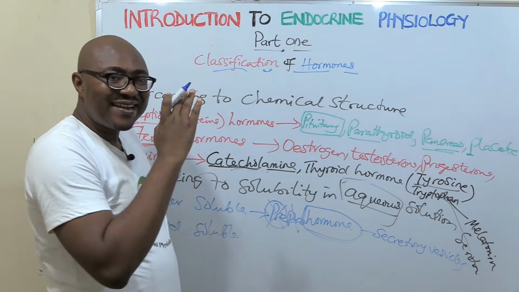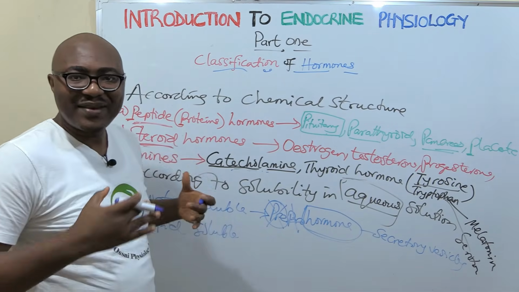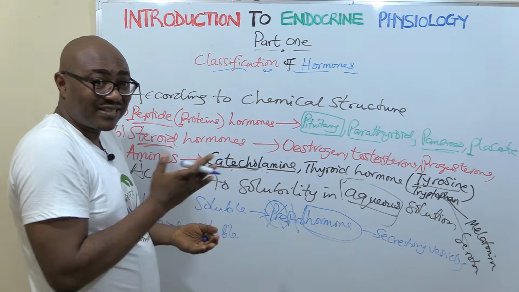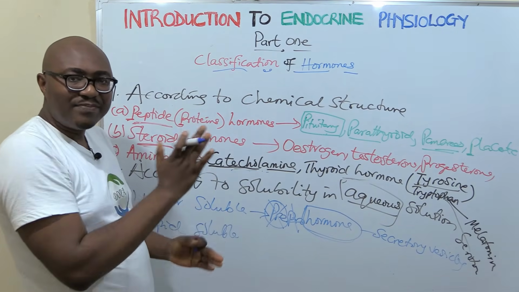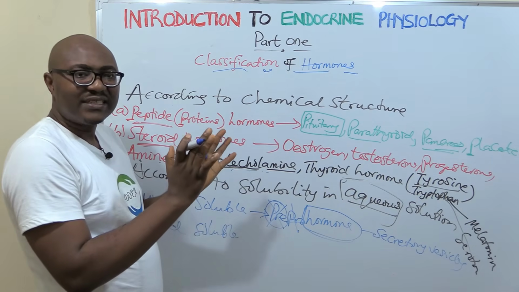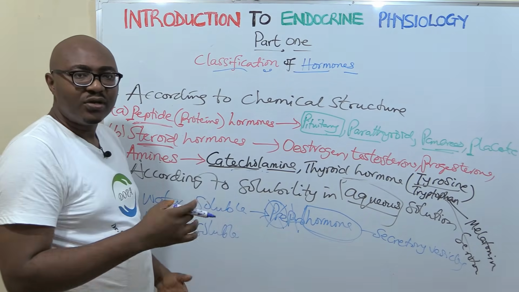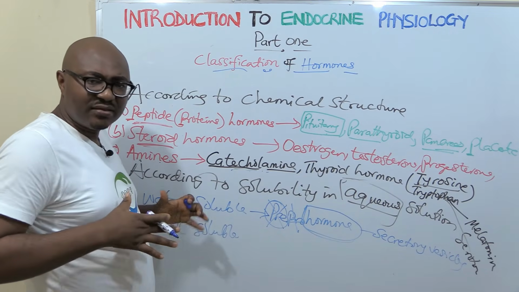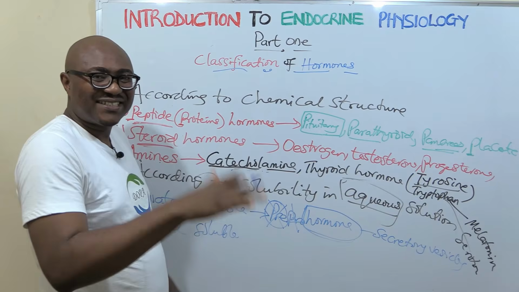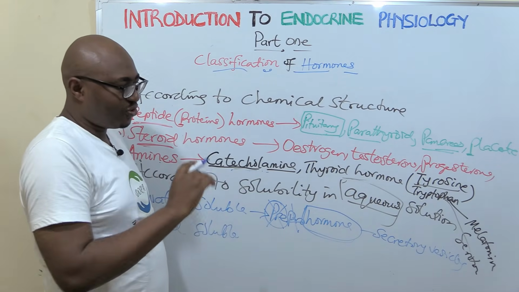So it has a rapid onset of action. That means once they are stimulated, because they are already prepared, they are easily secreted through exocytosis, because they cannot cross the lipid bilayer of the cell membrane. So through exocytosis, they are secreted. Another thing is that because they are water soluble, they dissolve in the blood plasma, which is a lot of water. They are easily excreted. Okay, so they have a short duration of action.